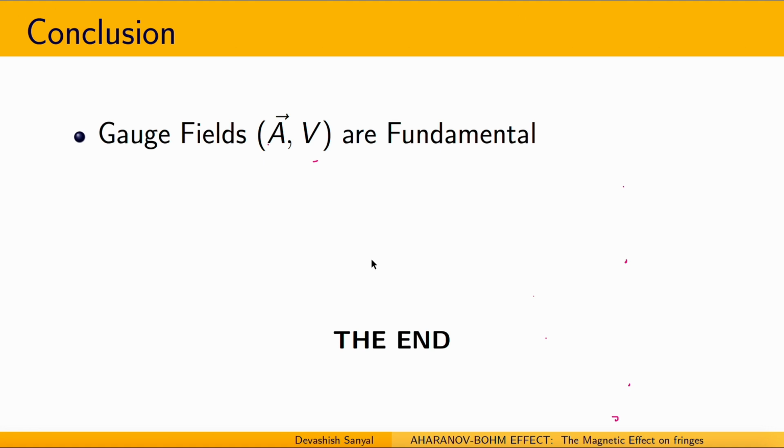That is, they don't serve any fundamental value. But in quantum mechanics, we see that these gauge fields, A and V, are fundamental. Even when B is 0, because of the presence of gauge fields, we have quantum mechanical effects, and one such effect is the Aharonov-Bohm effect.